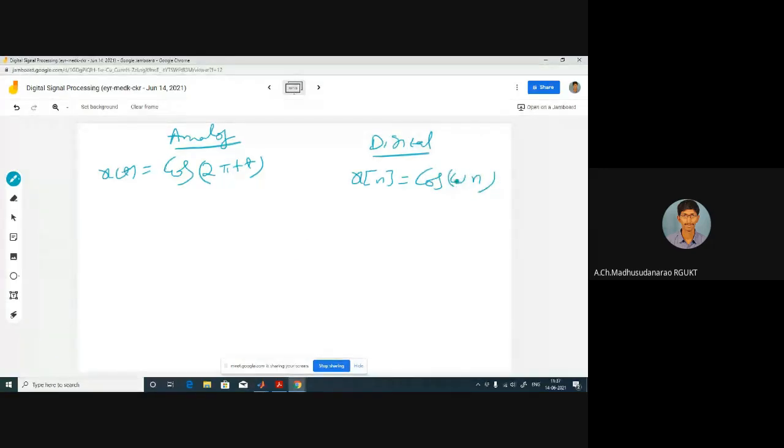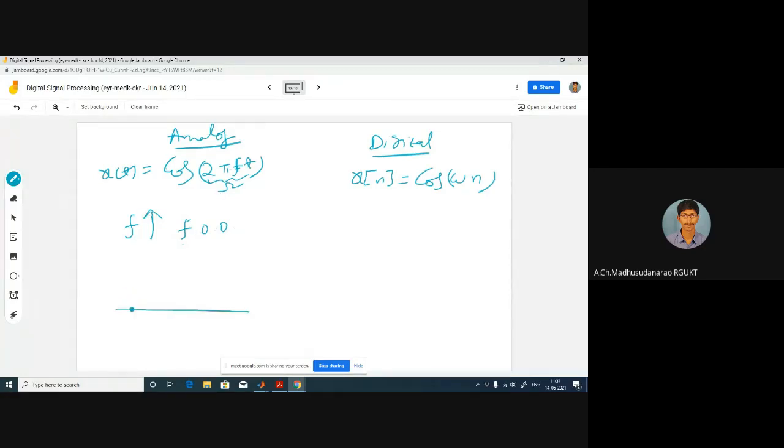F is in hertz, or capital omega in radians per second. Then what happens if I increase my f? What happens to the frequency of oscillations?